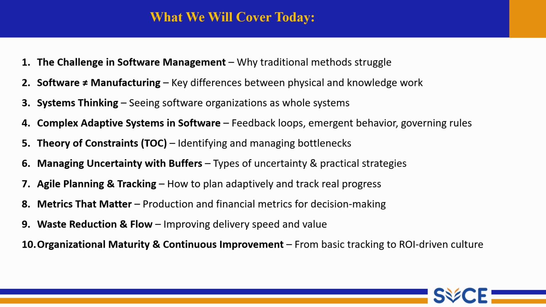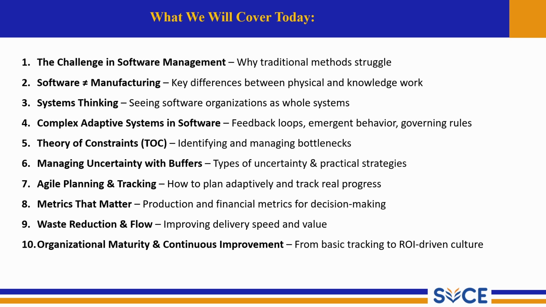And next is the theory of constraints, identifying and managing bottlenecks. Next, managing uncertainty with buffers, the types of uncertainty and practical strategies. Next, agile planning and tracking: how to plan adaptively and track real progress.